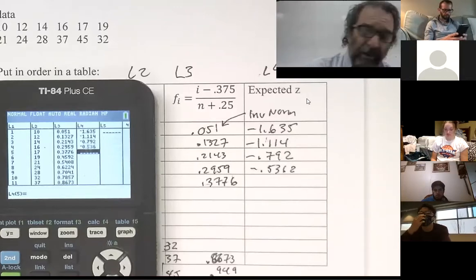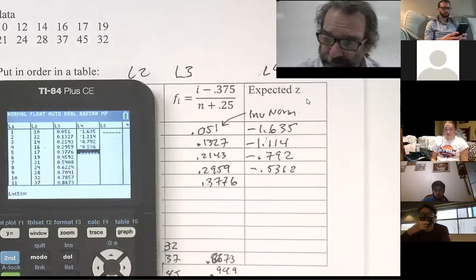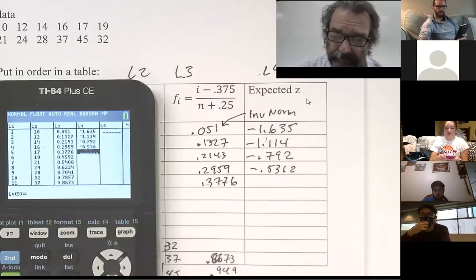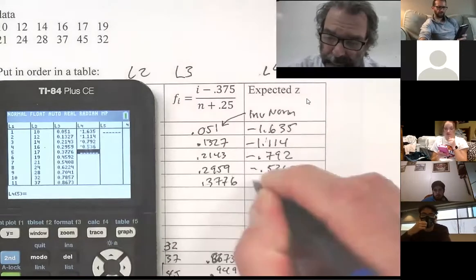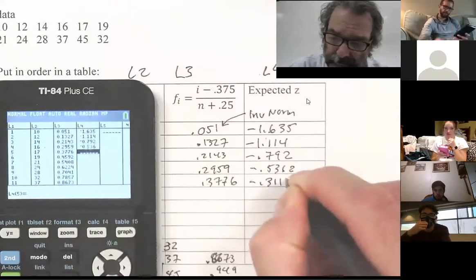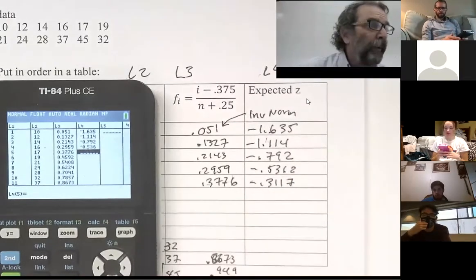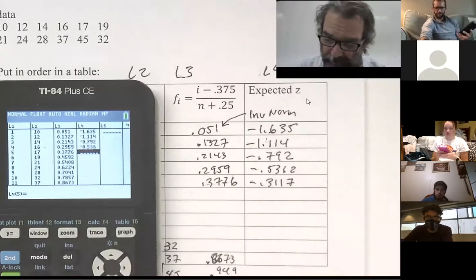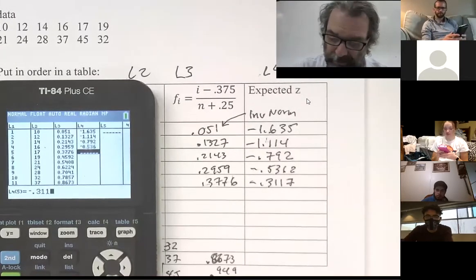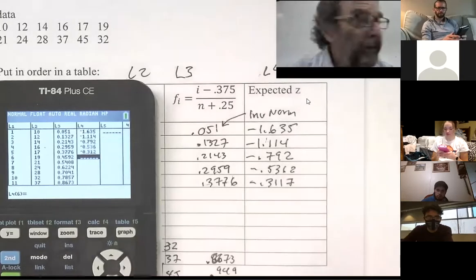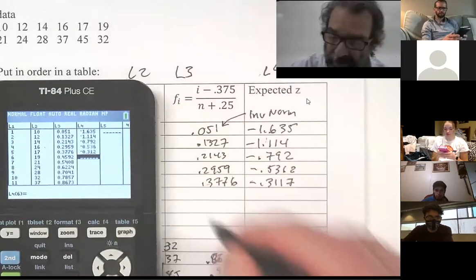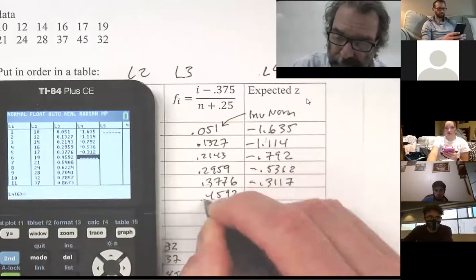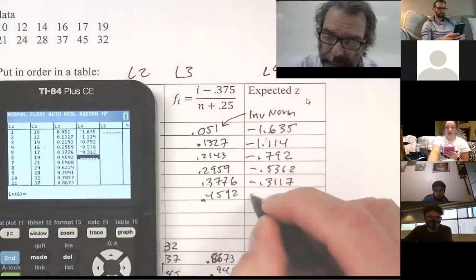Any other volunteers? I got negative 0.3117. Okay, put it in. Then I'm at 0.4592. Negative 0.1025.